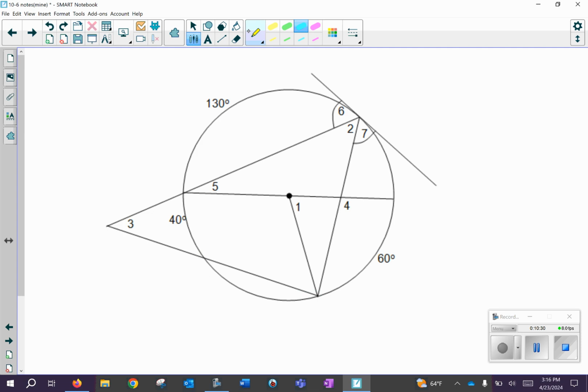Okay, so again, following and looking at that diameter is the reason that I knew the top half being 180 minus 130 gives me this arc is 50 degrees. Down here, 180 minus the 40 and the 60 gives me 80 degrees here.